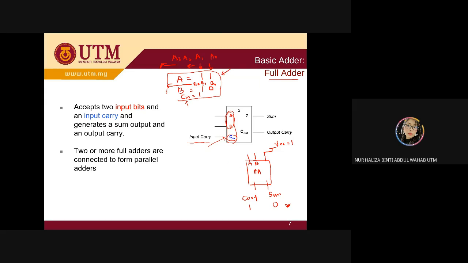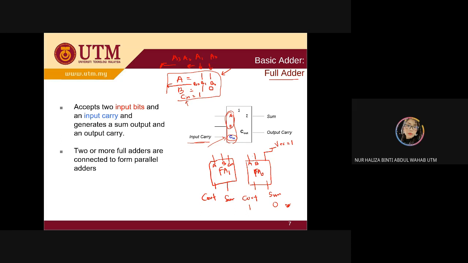So I need another, this one is my full adder, sorry. I need another full adder beside. So I name it full adder 0, full adder 1. So I have also my carry in, and then my B and my A. And here is my sum, and my carry out. Similar, right? The picture is the same.